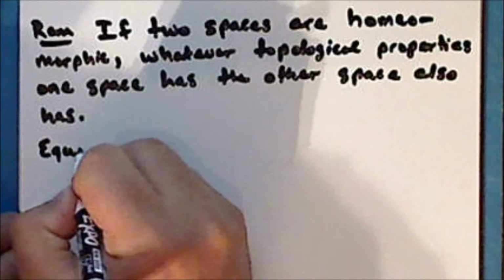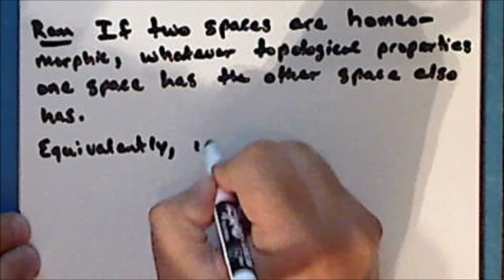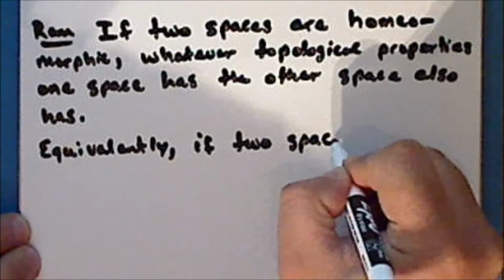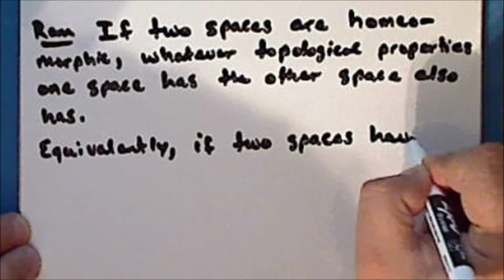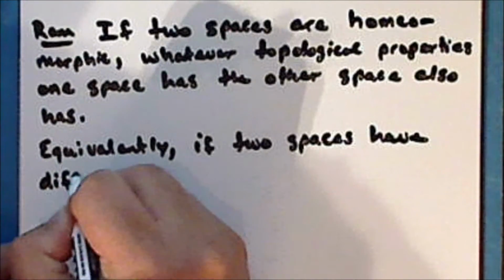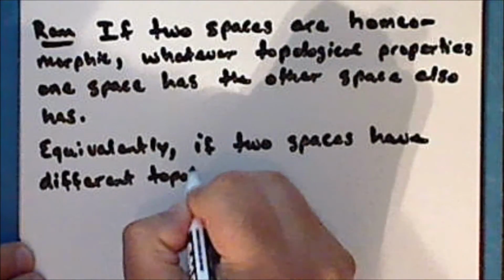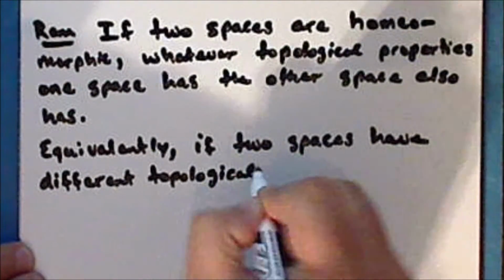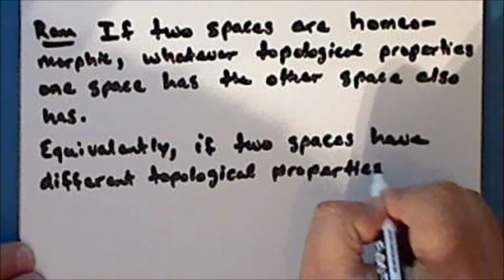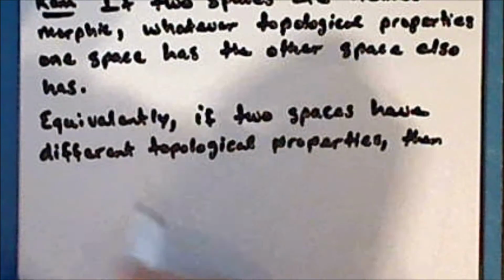Equivalently, if two spaces have different topological properties, then they cannot be homeomorphic.